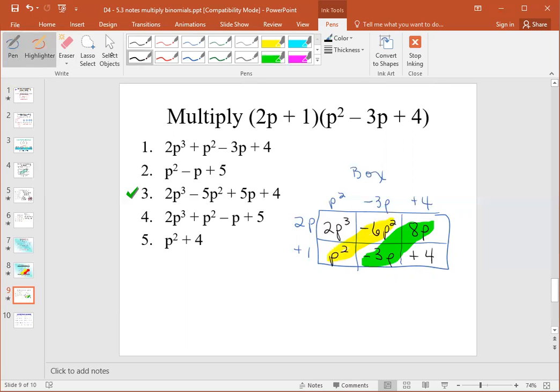So that means my final answer should be 2p cubed. Negative 6 and 1 more is negative 5p squared. 8 and minus 3 is a positive 5p, and plus 4.